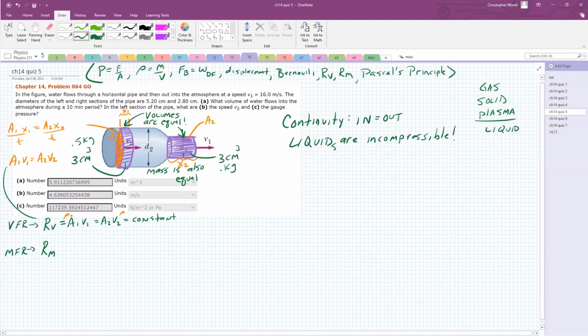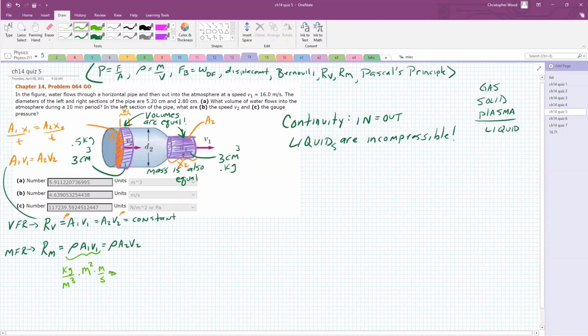Okay, so if I multiply through by rho, that would be rho A1 V1, and we're assuming the density doesn't change, equals rho A2 V2. Just before we move on, what are the dimensions here? Rho is kilograms per cubic meter, area is square meters, velocity is meters per second.